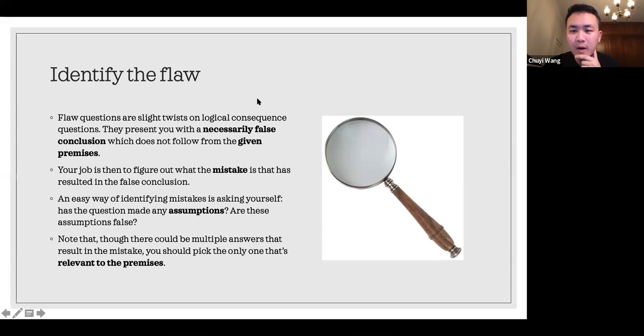Now let's have a look at our practice example. 1 minute once again to have a go.